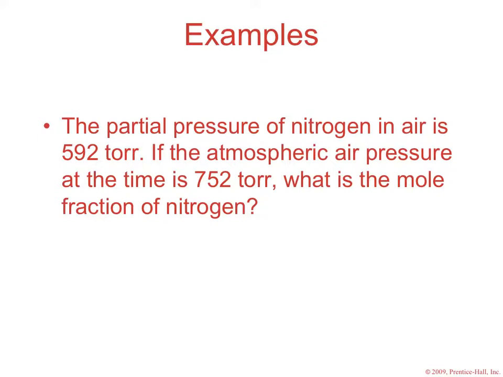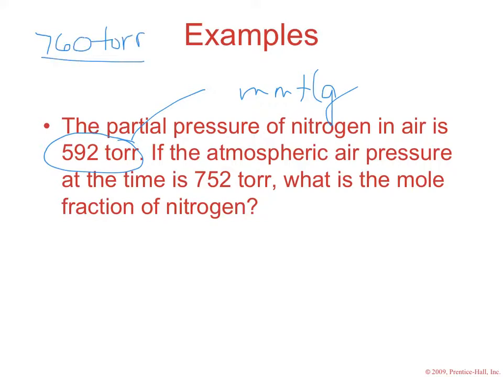The partial pressure of nitrogen in air is 592 torr. You may or may not remember from the previous lecture on gases, torr is the same thing as millimeters of mercury, different units of pressure, and there are 760 torr, or 760 millimeters of mercury, in 1 atmosphere. So just to get you familiar with the units.